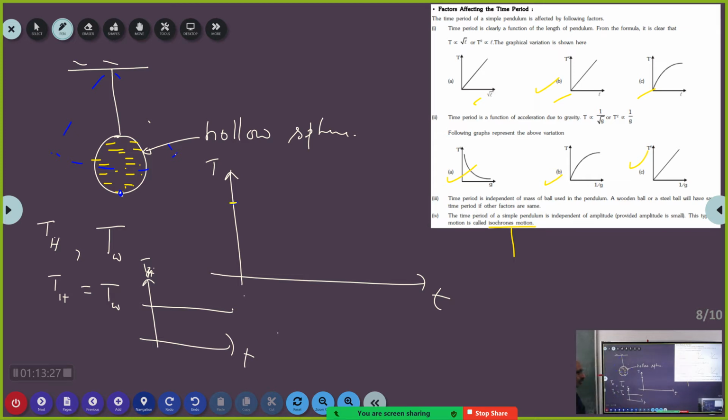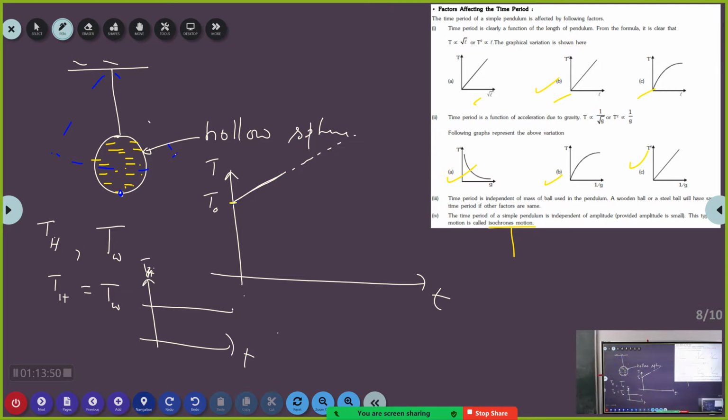Continue. It will go on increasing. Straight line increasing. Correct? Hello, everybody agreed?